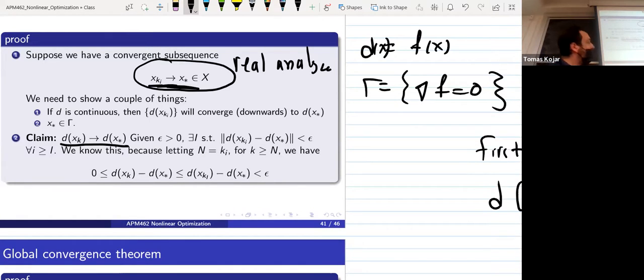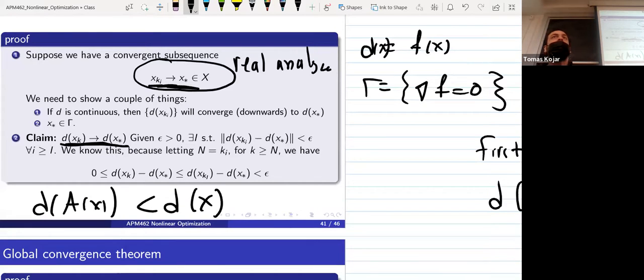Now we're proving that in this contraction setting, when you have a contraction, d of ax less than d of x, then you can lift to the whole sequence.